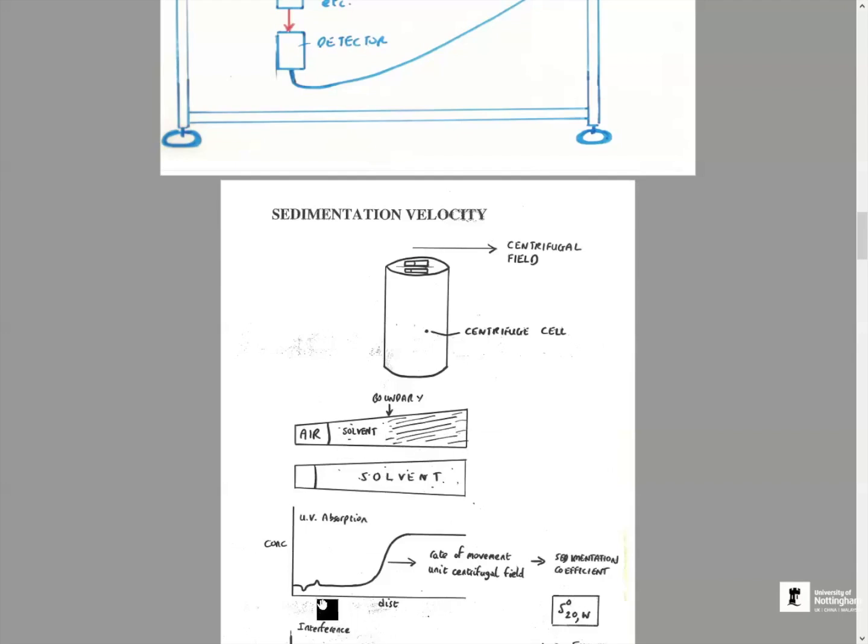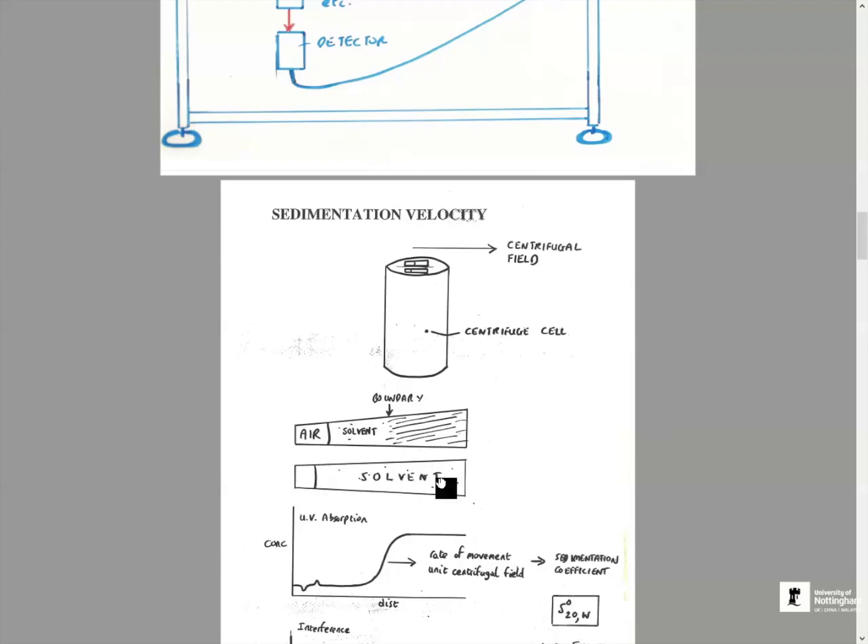During that period, if it's a protein, we can use UV absorption optics. We can scan across the cell every 10 minutes, every half an hour, or whatever, depending on how fast things are moving. And we scan across the cell with UV optics at what wavelength? For protein, 280 nanometers. There's a little blip here that corresponds to the solvent meniscus, because this signal is subtracted away from that signal.